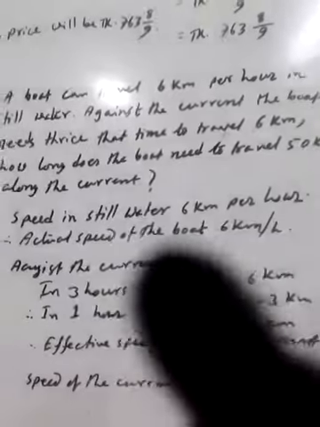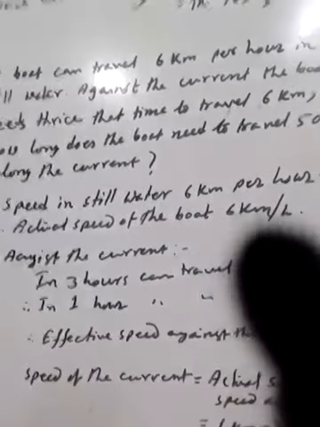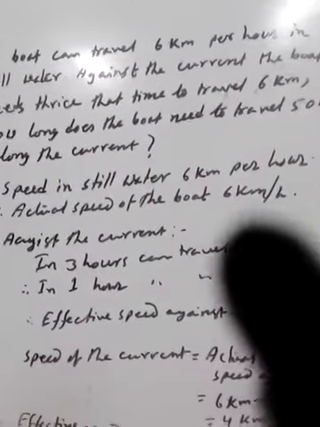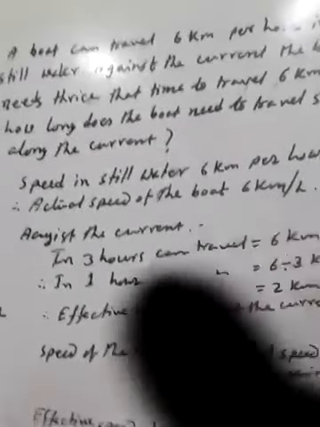See, the speed in still water is 6 km per hour. The still water speed is called the actual speed of the boat, 6 km per hour, and against the current to go 6 km it takes 3 hours.